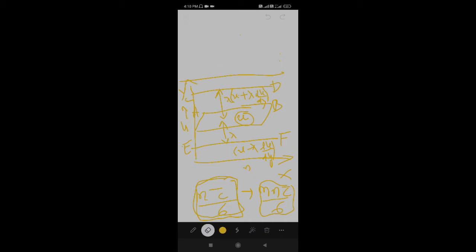Now, momentum carried downwards by the molecules of the upper layer. Suppose that the molecules from the CD layer are coming to the bottom layer through the AB layer. How much momentum do they carry?